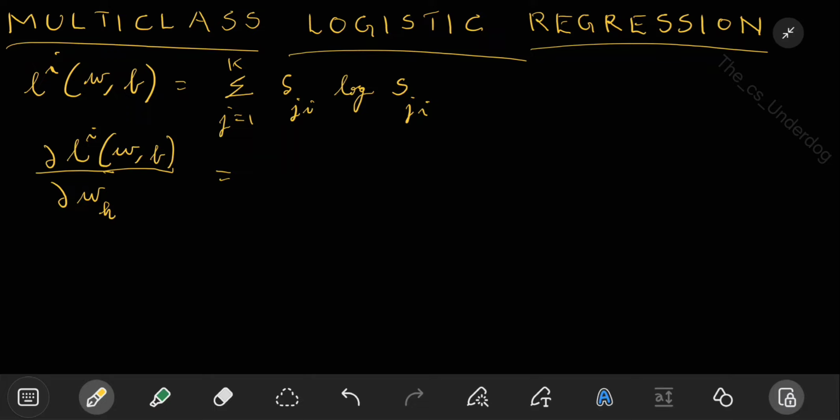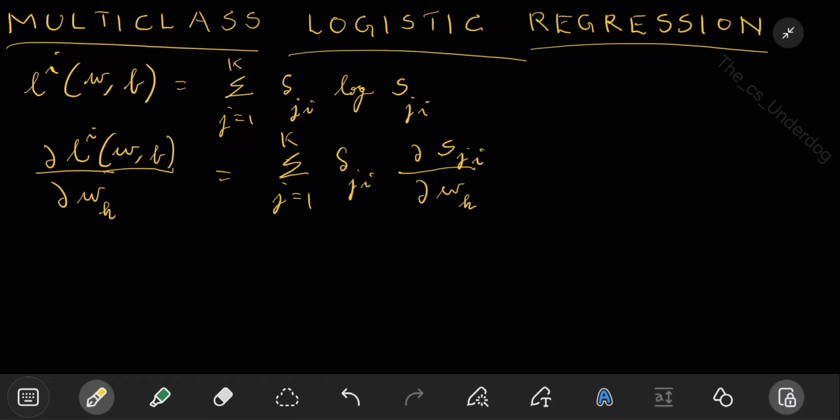If I take the derivative with respect to Wk, this will become sigma j is equal to 1 to K, delta ji into this term. I have to again take the derivative with respect to Wk, so it will be del by del Wk of Sji.